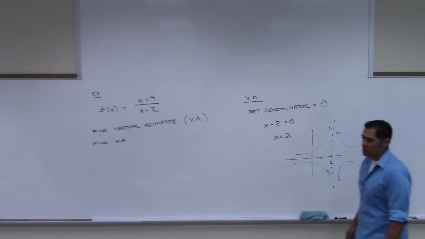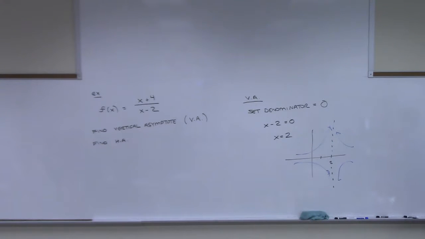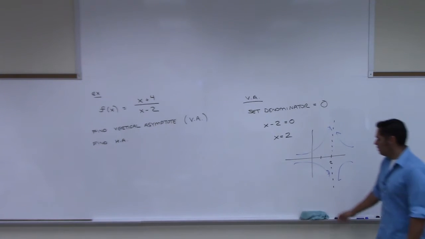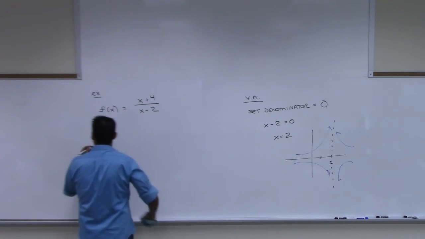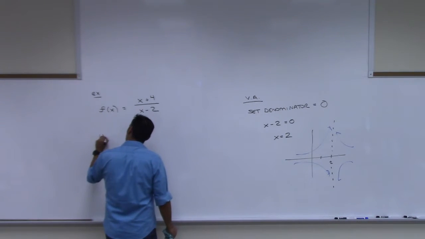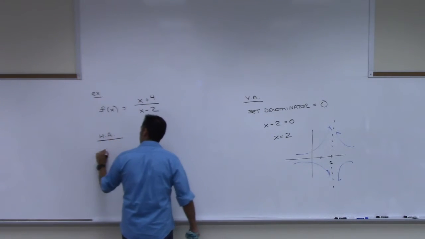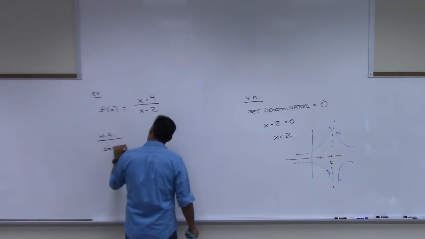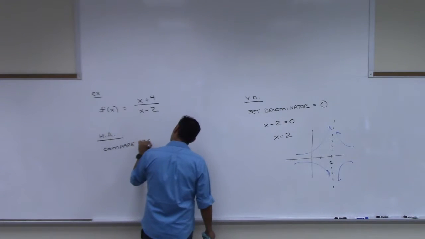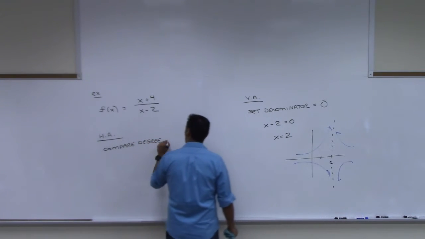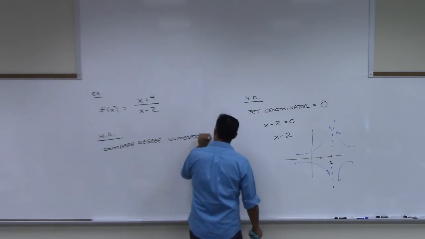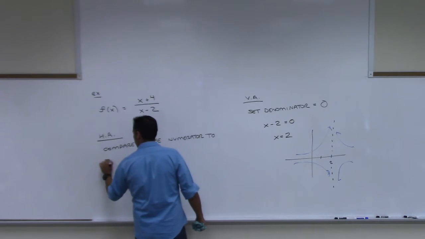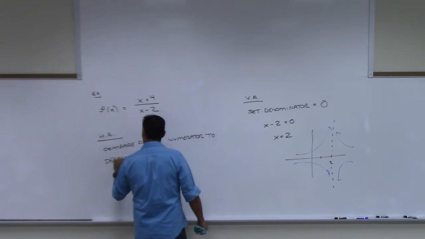And how about the horizontal? Horizontal is much more challenging to get. All right, so you ready for me to explain how to get it? For the horizontal asymptote, what you're going to do is compare the degree of the numerator to the degree of the denominator.